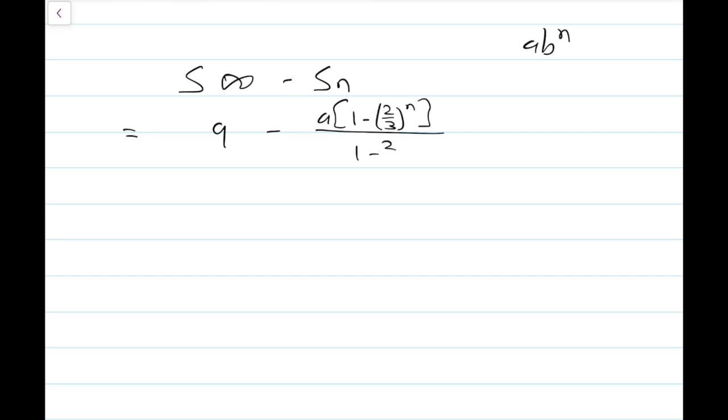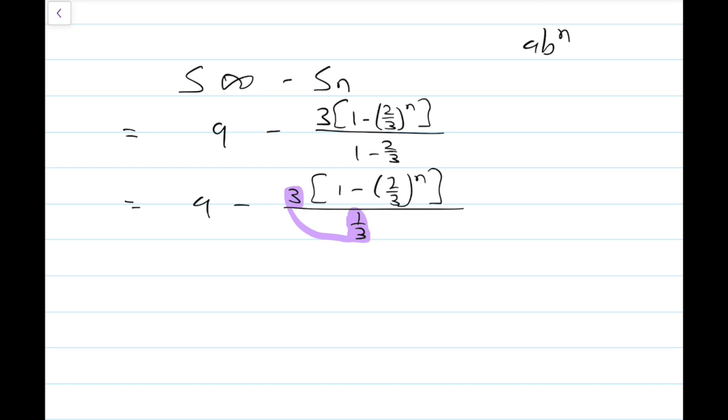So what we end up with here is 9 minus, we know that the A value is 3, so that's the A value, that's the ratio, so it's 3 into 1 minus 2 over 3 to the power of n, all over 1 over 3, which then becomes 3 divided by the 1 over 3 makes that 9, right? So that's going to end up being 9. So 9 minus 9 into 1 minus 2 over 3 to the power of n.